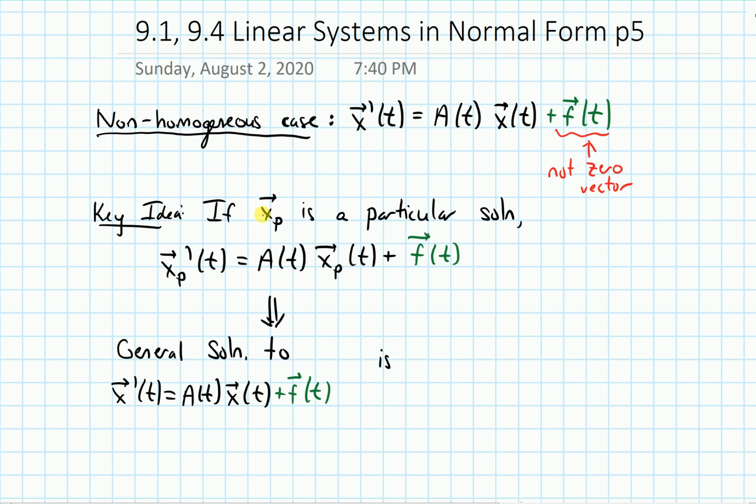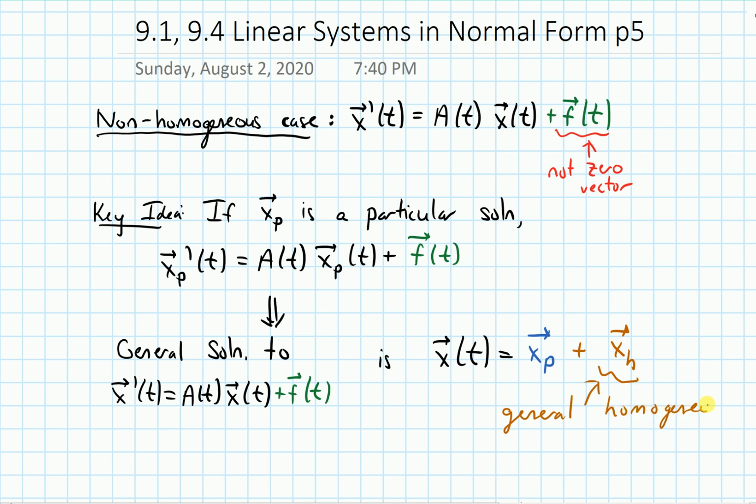The key idea is, if xp is a particular solution to this non-homogeneous equation, which means if we plug it in, it satisfies it, so xp prime of t is equal to A of t times xp of t plus f of t, then a general solution to our non-homogeneous equation will be x of t, the sum of the particular solution, xp, and the general homogeneous solution, which I'll call xh.